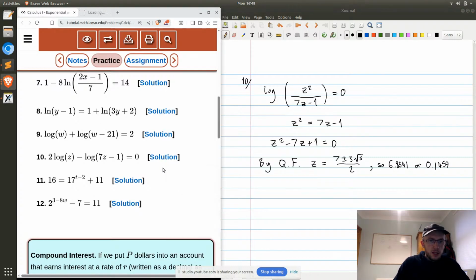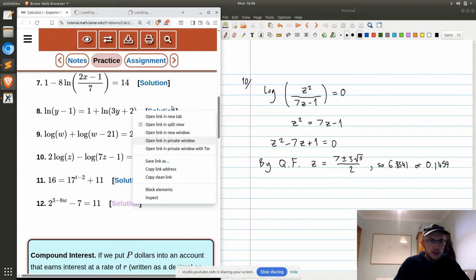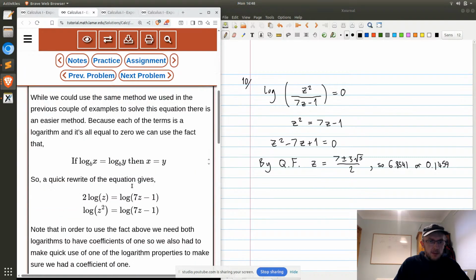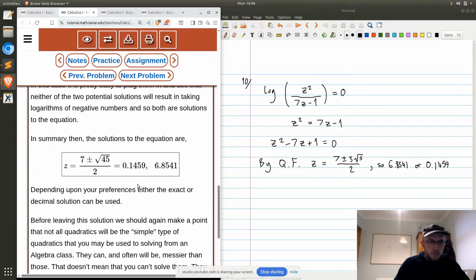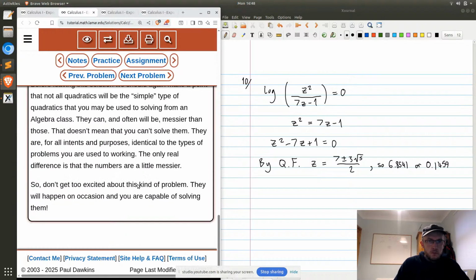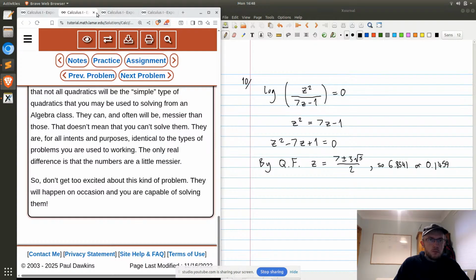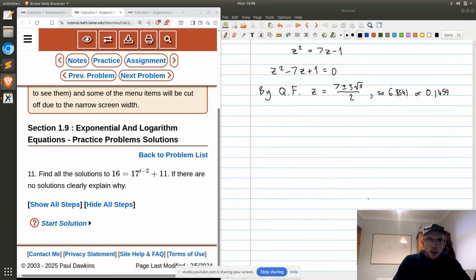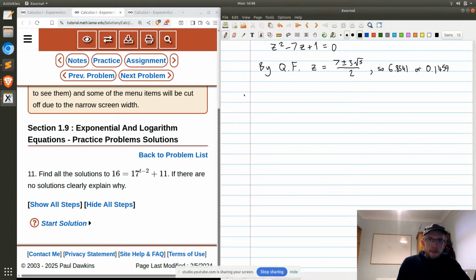So I think both of those are valid. I think so. All right. And finding all solutions to this.